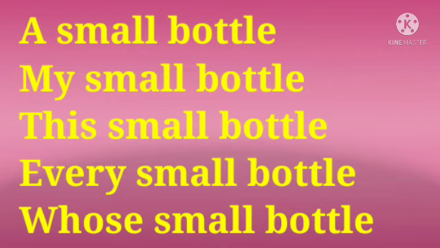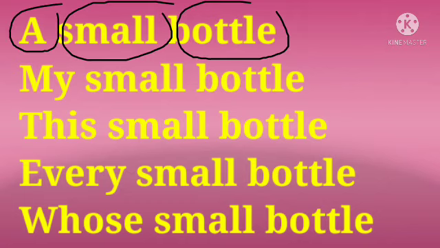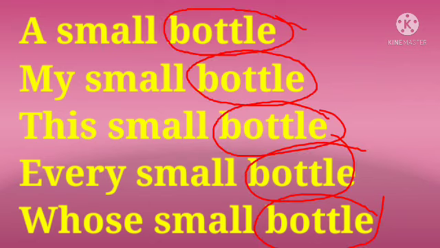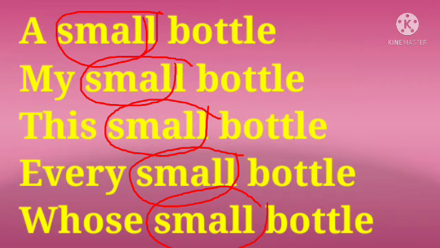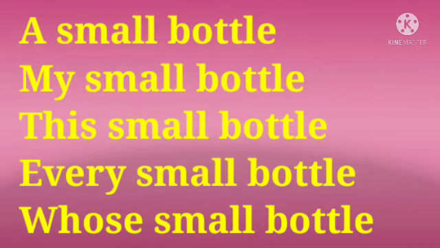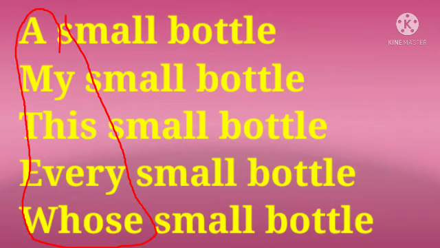Each noun phrase has three words, and you must mark the head word, that is bottle, that is the noun, and before that noun you find two words: small, small, small. This word small is called an adjective because small describes bottle, and the first words, a, my, this, any, every, which, these are called determiners.